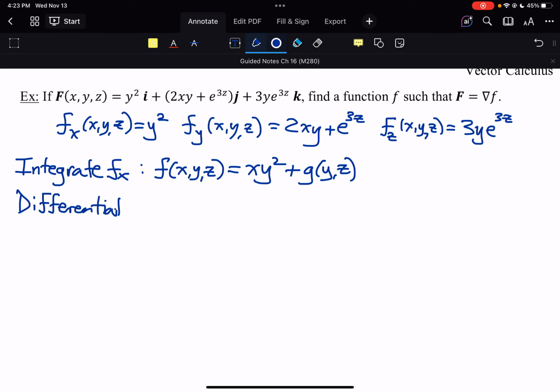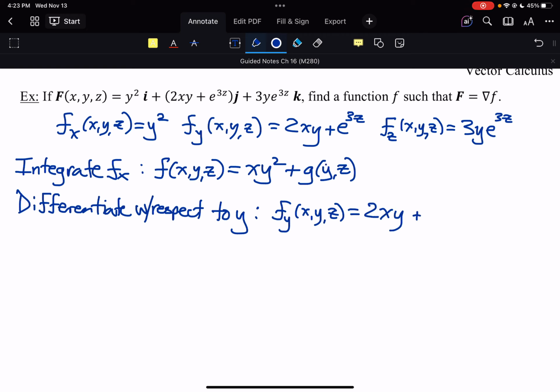Then we're going to differentiate with respect to y. So we get fy of xyz. That's going to be 2xy plus the derivative of g with respect to y. Now we can't use the prime notation here because there are two variables. So we get gy of yz right there.